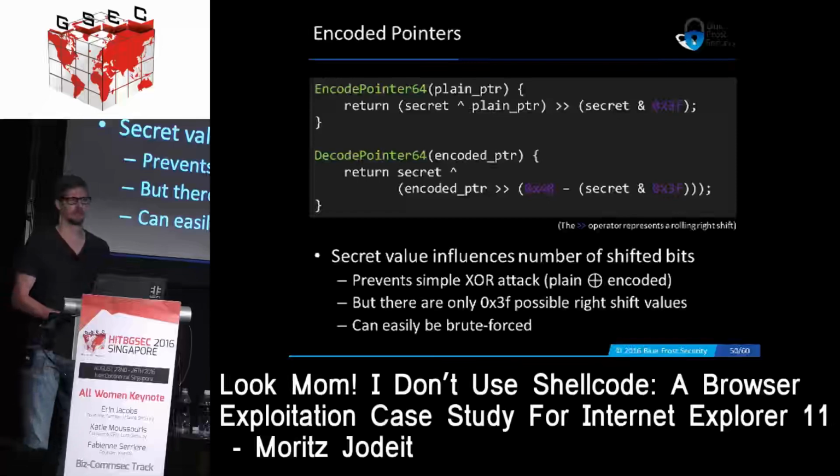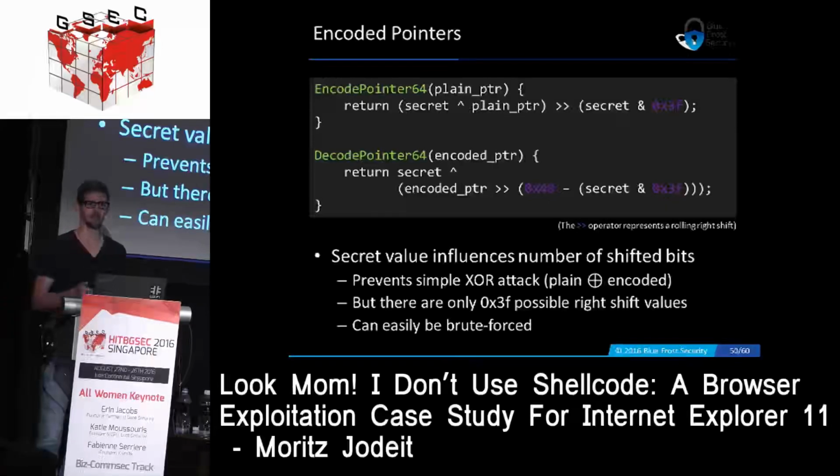This is most probably done in order to prevent simple XOR attacks, because if they wouldn't do it like this, you could just take an encoded pointer and the corresponding plain pointer, XOR them together, and you could basically calculate the secret value. However, there are only 3 possible right shift values in this case, which turns out to be easily brute-forceable.